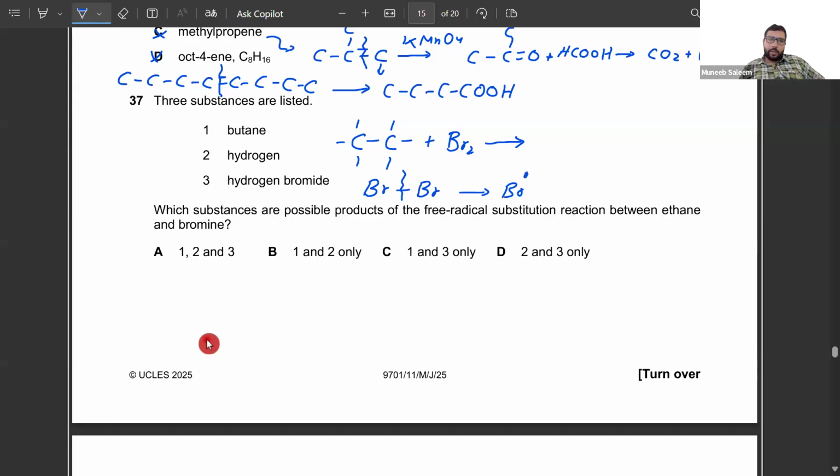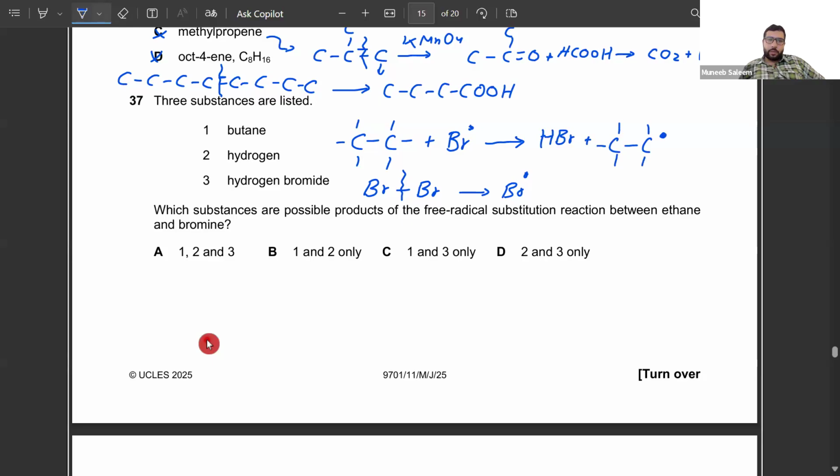Then that bromine radical reacted with the ethane molecule, and it produced HBr. Along with that, an ethyl radical was produced like this.